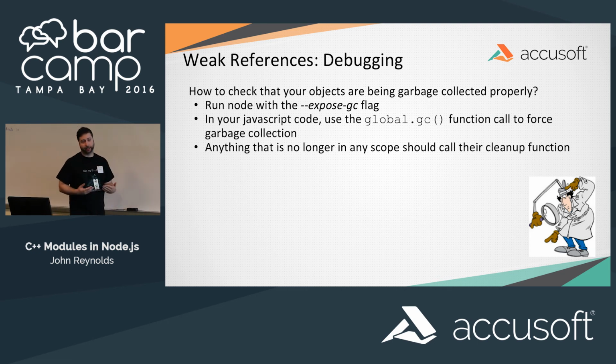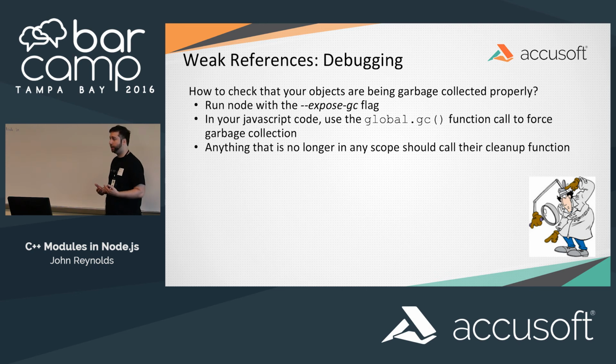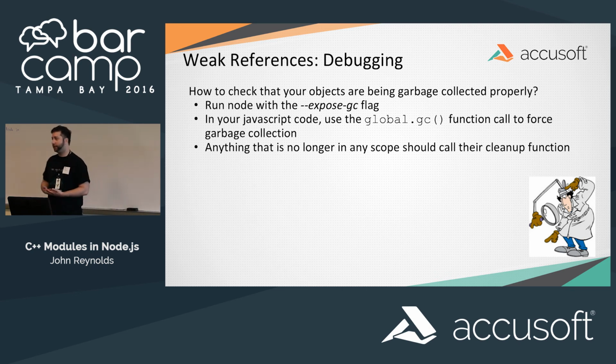This allows you to have access to the global.gc function, and this will force garbage collection. So anything that isn't referenced, anything that's cleared out, will be cleared up by garbage collection. So if you have any logging internally while you're trying to develop this, it's very useful to see, hey, this has actually, in fact, been cleared out.